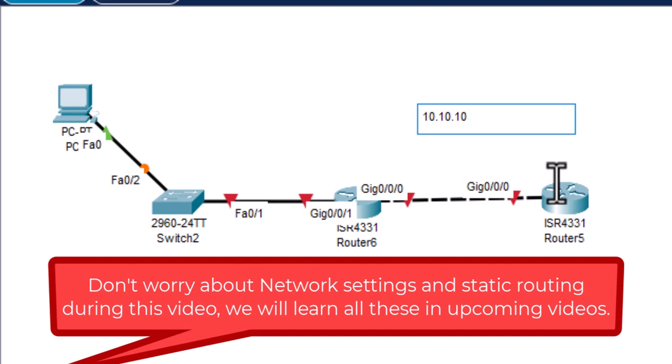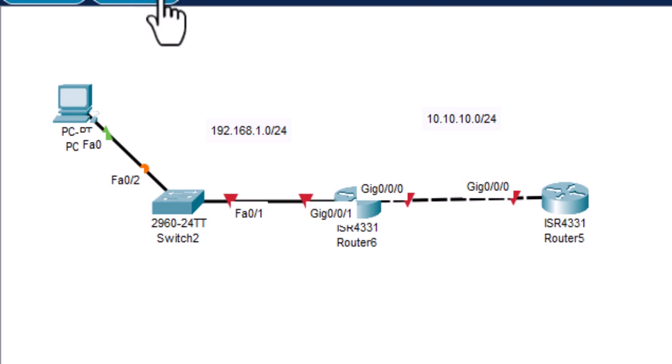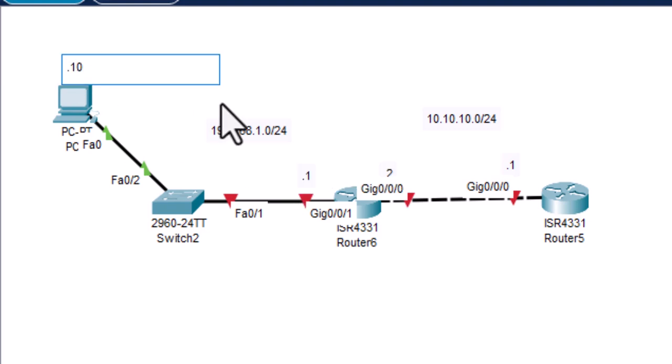We will use this network for this portion and this network for this portion. Dot 1 on this port, dot 2 on this port, dot 1 on this port, dot 10 on this port.